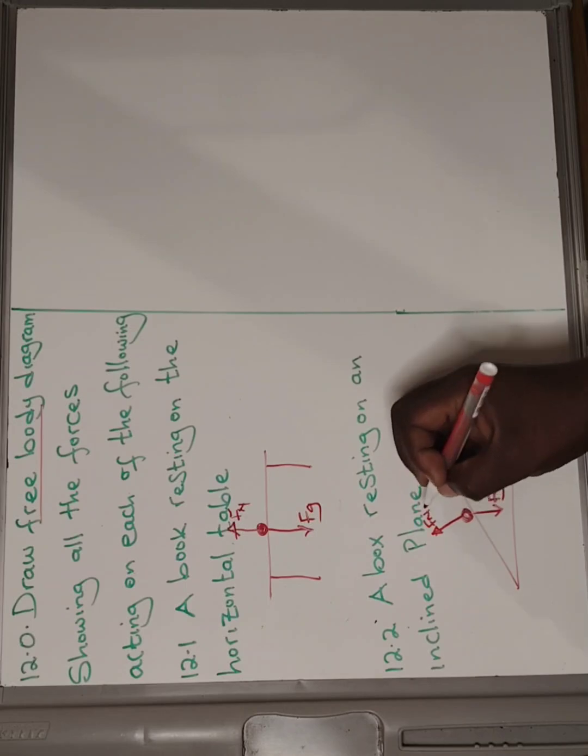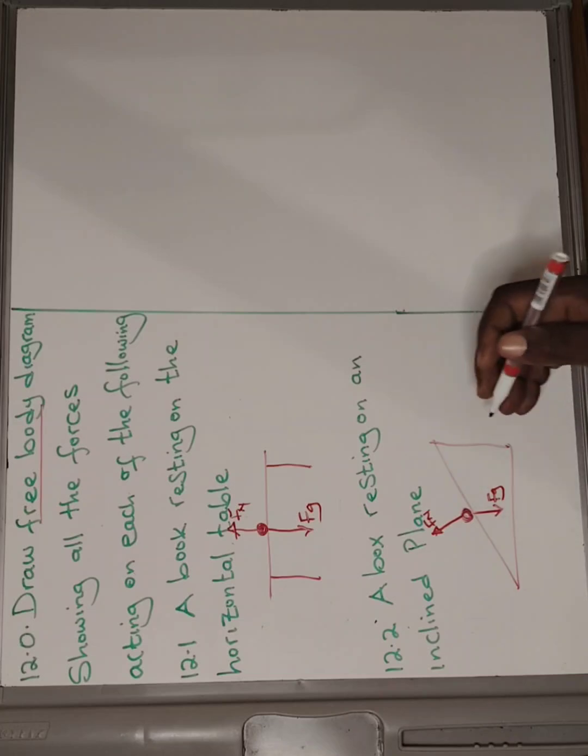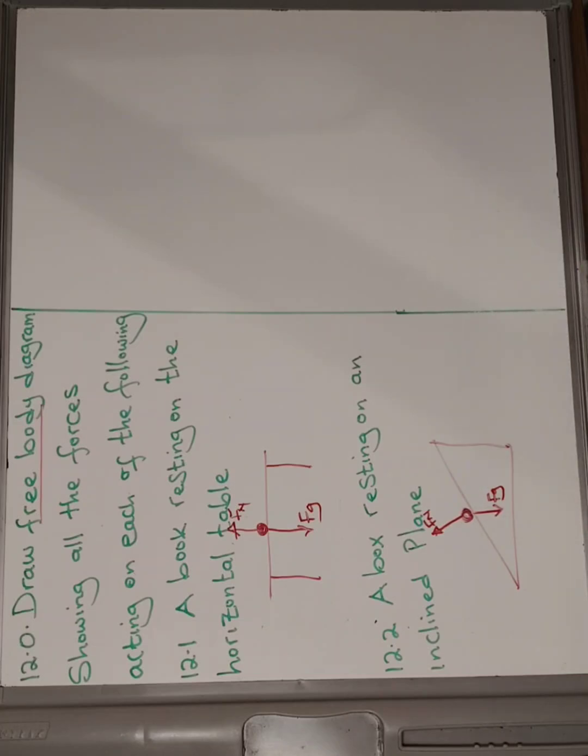You have to know that Fn must meet the surface at 90. Then other part will depend whether the surface is rough or smooth.